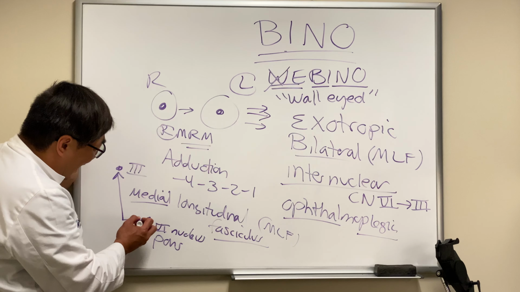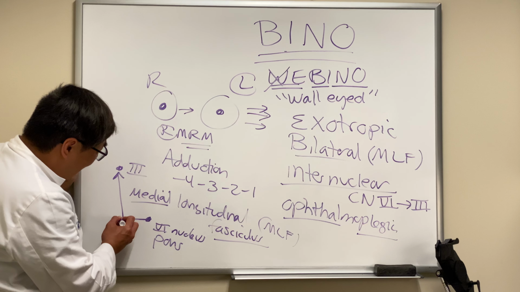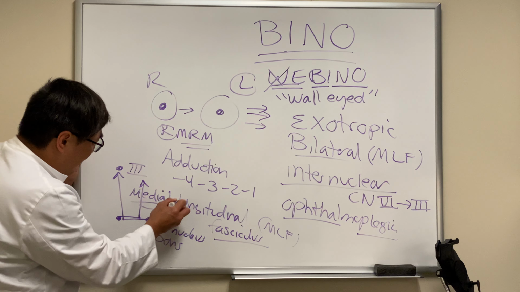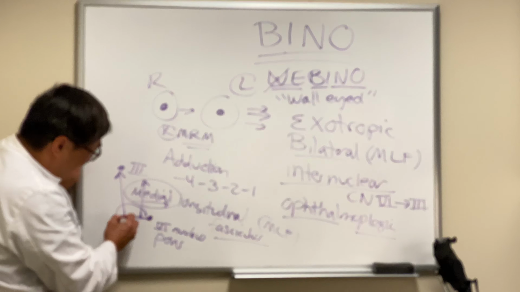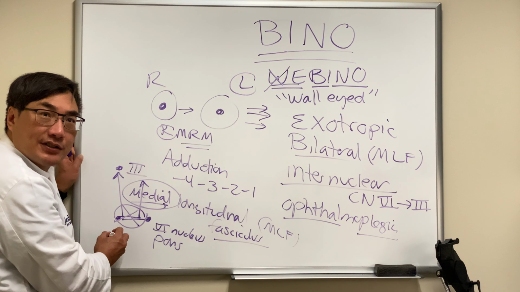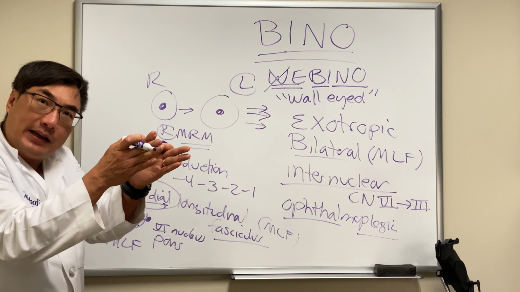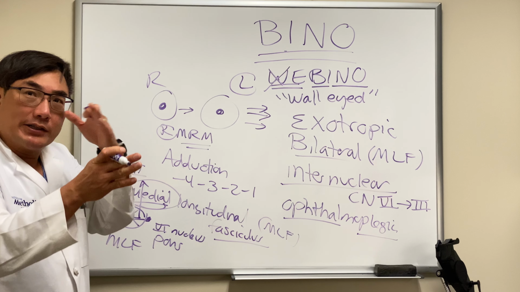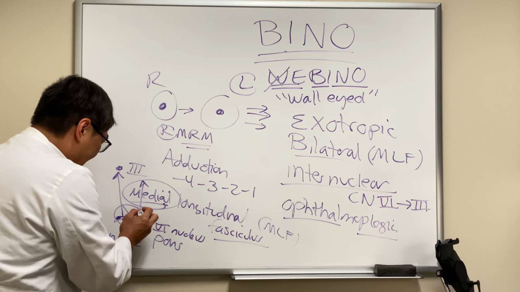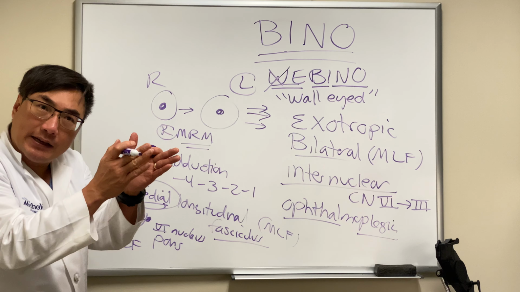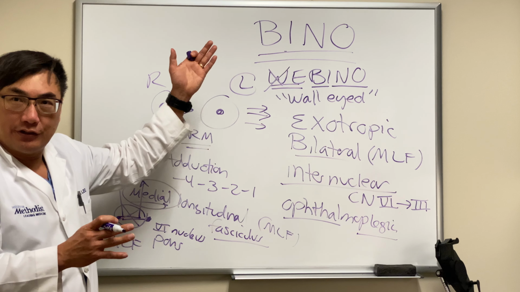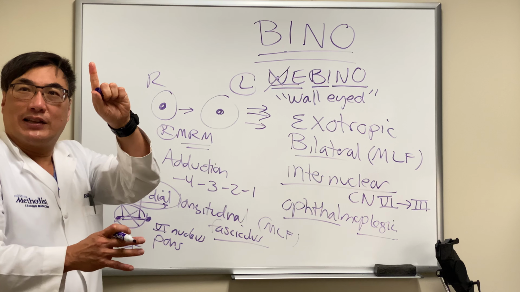And the reason it's bilateral is a lesion that affects a medial structure can ding out both MLFs because they're medial, and that means they're very close together. And so a demyelinating plaque that's in the center, medial, can cause a bilateral internuclear ophthalmoplegia, even though it's only one lesion.